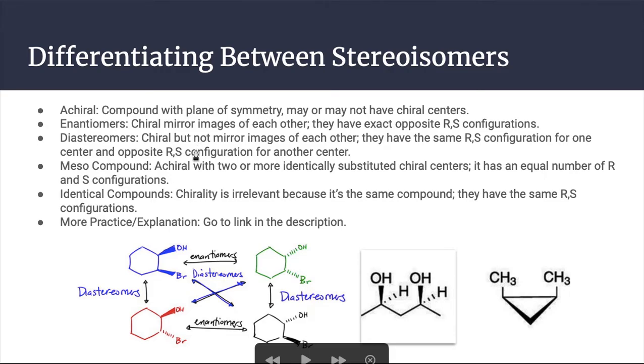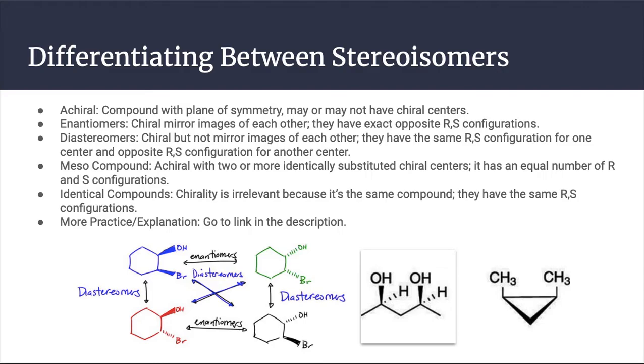So the next thing we have is enantiomers. Enantiomers are chiral mirror images of each other, and they have exact opposite R and S configurations. That makes sense because if you look at yourself in a mirror, your left side becomes your mirror's right side, and your right side becomes your mirror's left side, right?